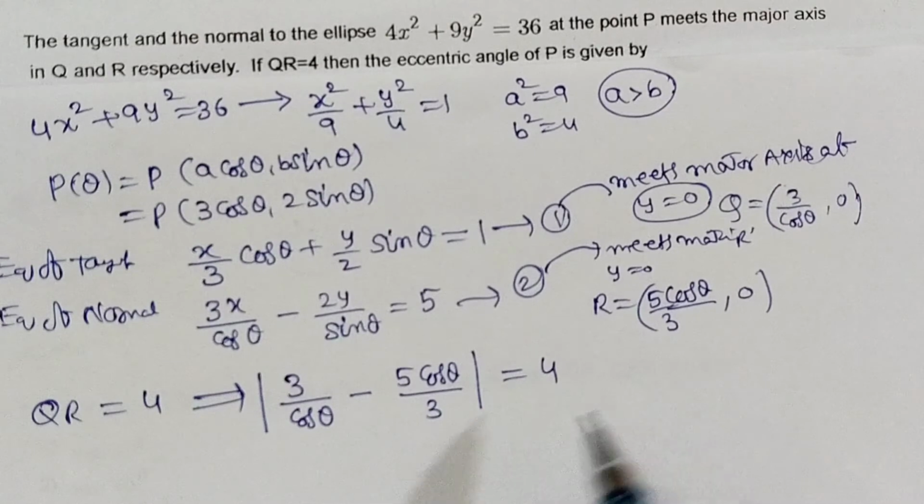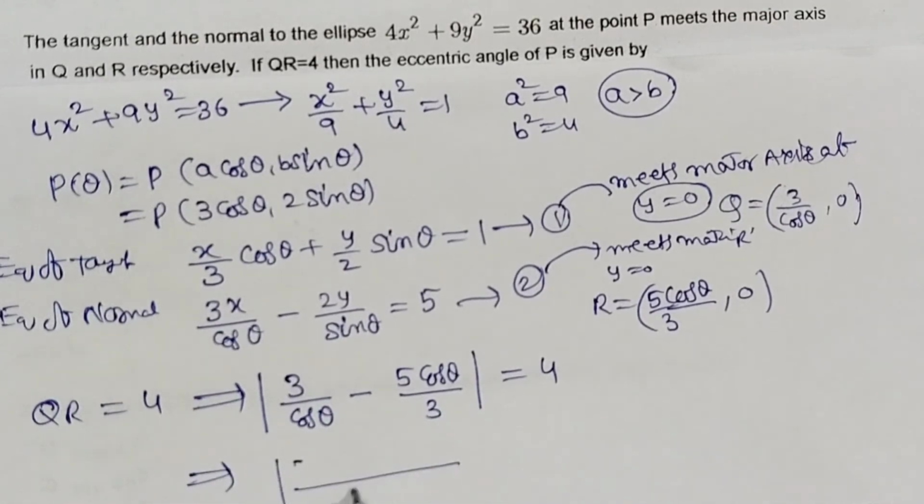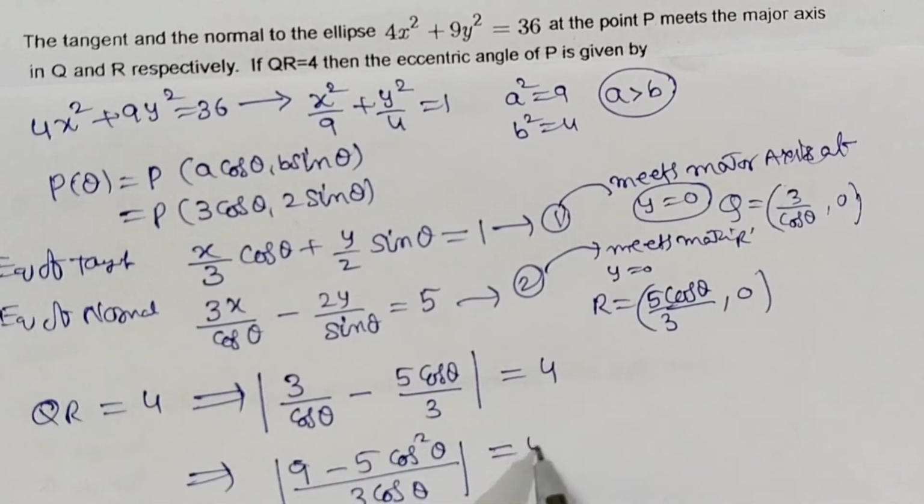Now take the LCM, 3 cos theta is the LCM, giving 9 minus 5 cos square theta equal to 4.